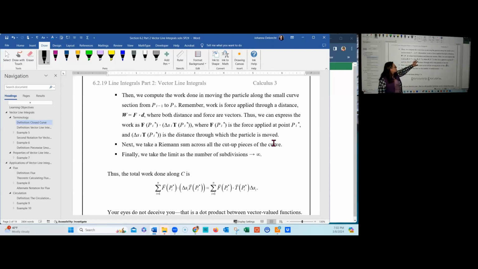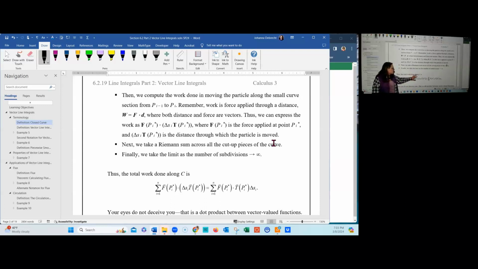Of course, once we're done with evaluating the force on a tiny subsection of the curve, we're going to take a Riemann sum across all of the cut up pieces of the curve. We're going to add them all together and do the calculus thing, which is to take the limit as the number of subdivisions goes to infinity.